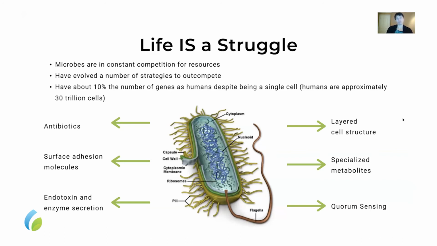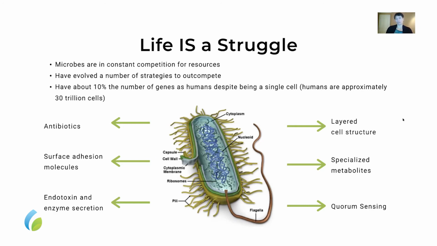This has come, as I mentioned before, from the evolution of their genome. And if we think about them as single-celled germs that are a very simple and very primitive life form, we have to really stop and check our thoughts there, because when you look at the number of genes that a bacterial cell has relative to a human, it's actually only 10%.